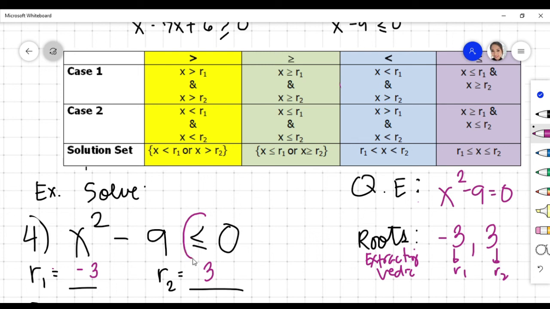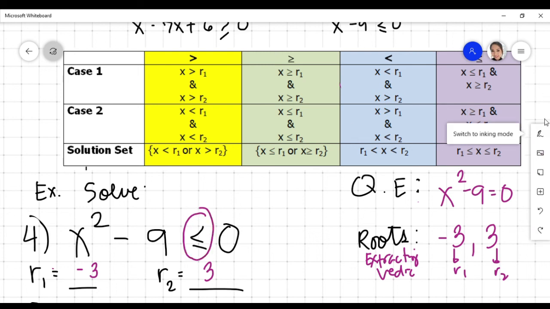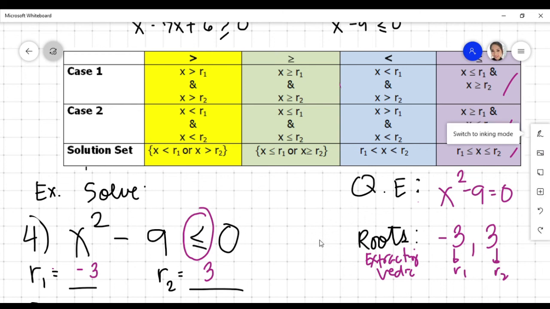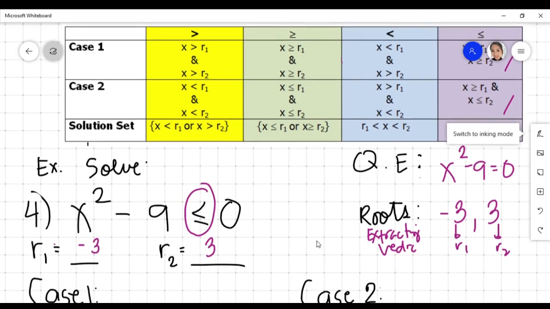Now notice that our inequality is less than or equal to. So we will use these cases that we have here, and this will be our solution set, a combination of the two cases. So let's write our case 1.